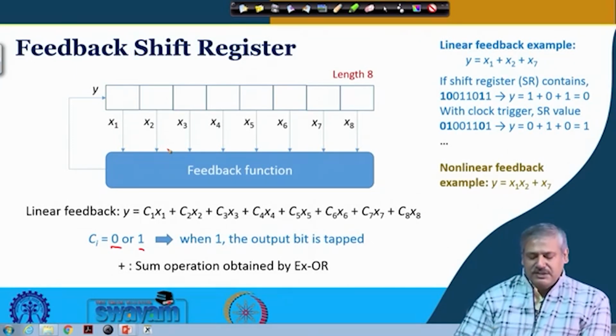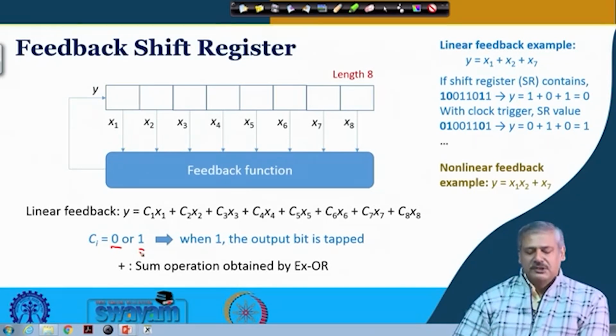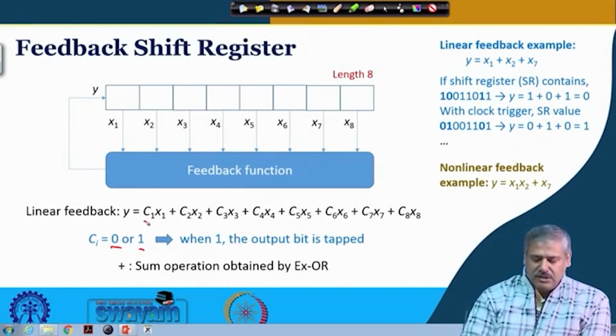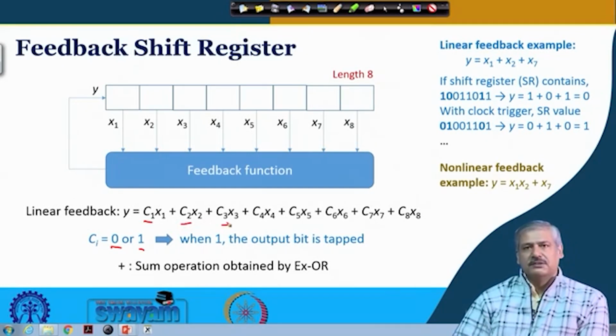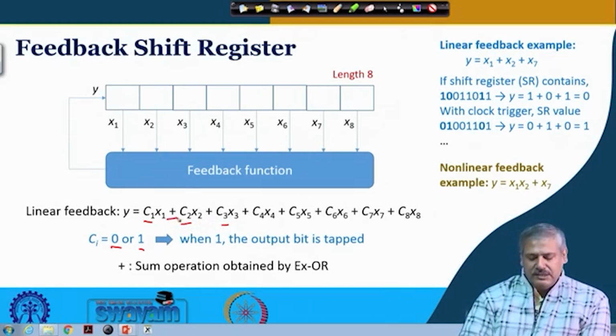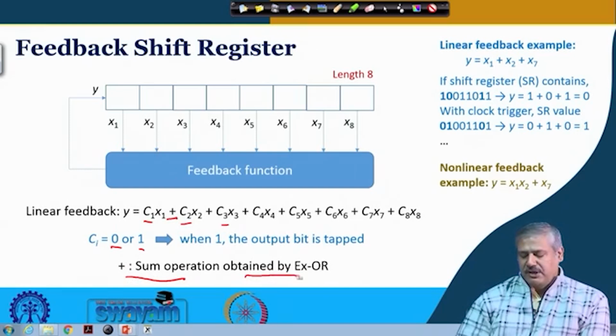And if there is a 1 present, that means that particular tap is present. So that is how these Ci's are defined, either 0 or 1, tap not present or tap present, and this plus is the sum operation which is obtained through XOR. This is the way the circuit is developed.